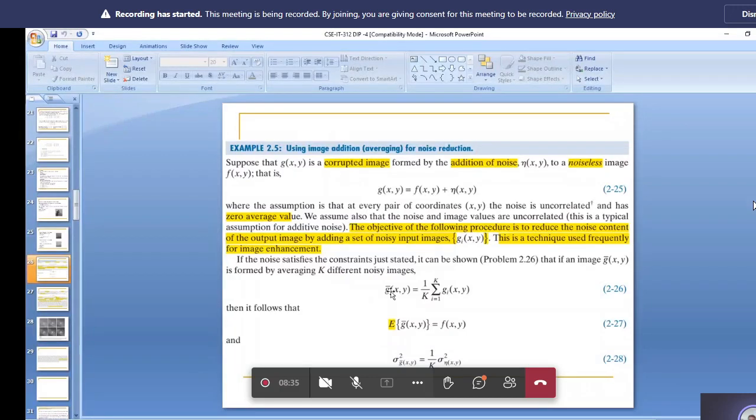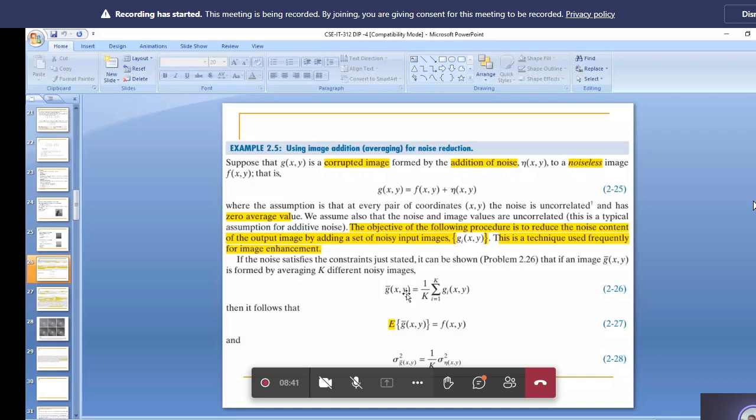So here this is g bar of x comma y. It gives the average of these images for i equal to 1 to k. Here i equal to 1 to k means, if k is 10, if there are 10 noisy or corrupted images, then you take 1 by 10, add the first image, second, third, fourth, fifth, sixth, 7, 8, 9, and 10, and divide by 10, and you will get the average.